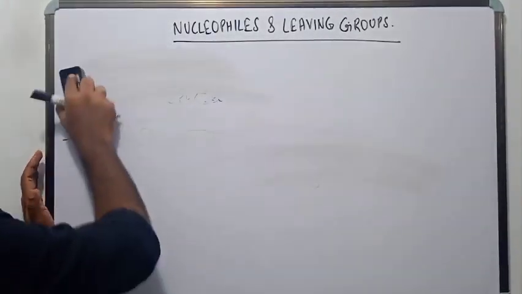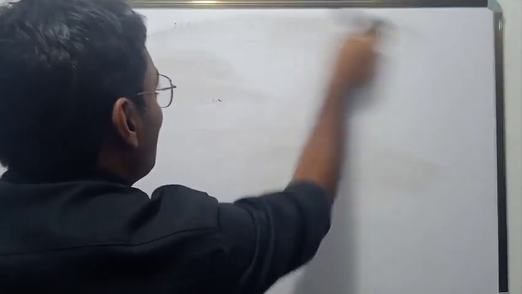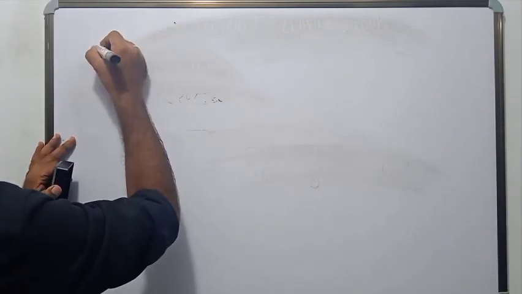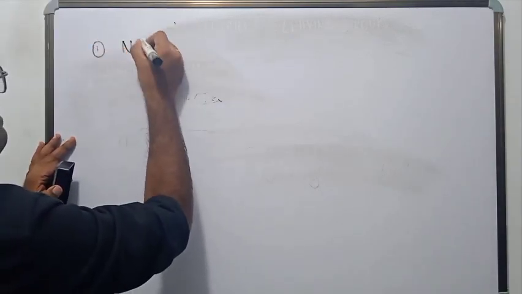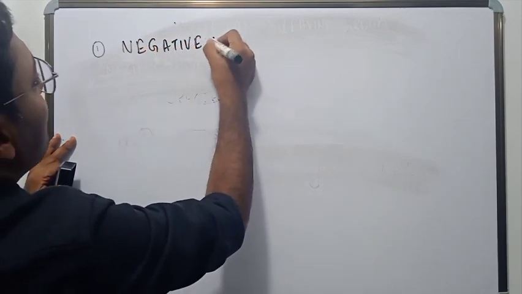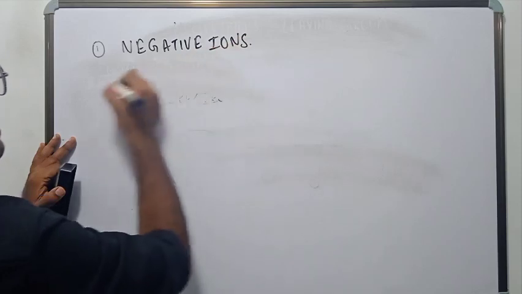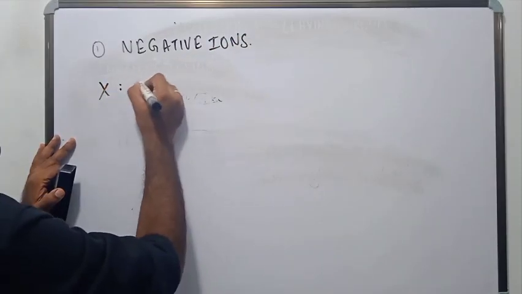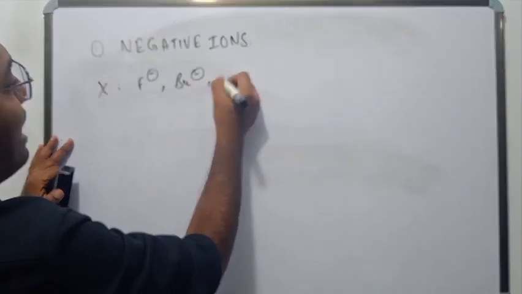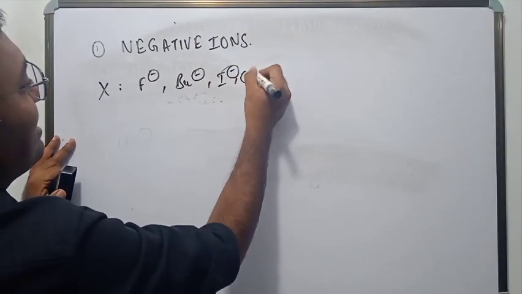So what are electron rich species? They can be classified into two. The first is negative ions. An example of this is halides, be it F minus, Br minus, I minus, Cl minus.